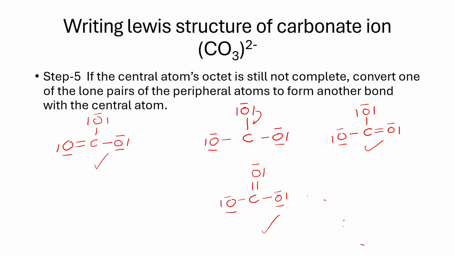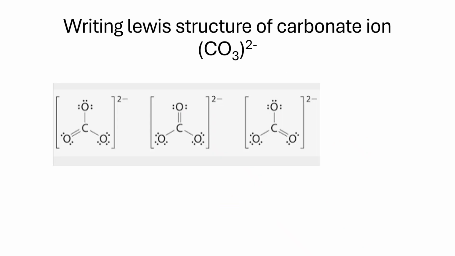But as you can see where it's heading, none of them are actually depicting the real molecular ion, which is the carbonate ion. So these are the three resonating structures that we deduced in our previous slide. So you might just pause this video here and think, how would the real carbonate ion actually look like?